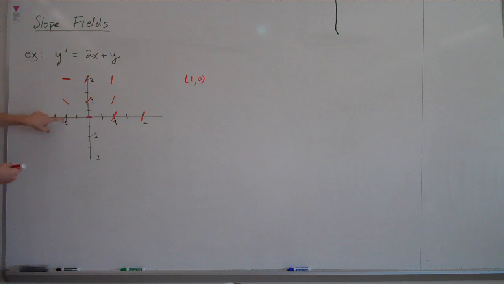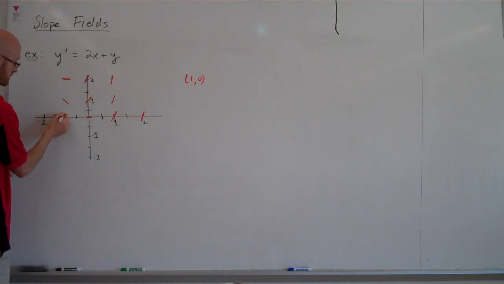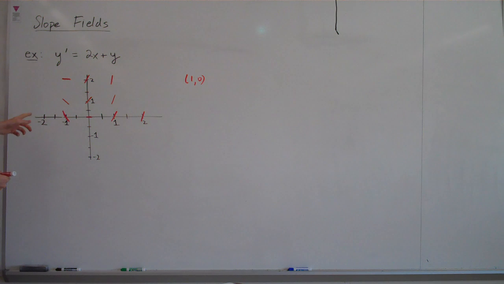Then negative 1, 0 would have a slope of negative 2. Negative 2, 0 would have a slope of negative 4. Negative 2, 1 would have a slope of negative 3. Negative 2, 2 would have a slope of negative 2.